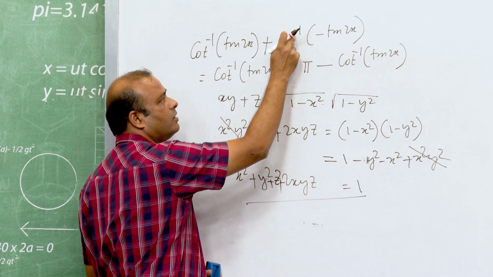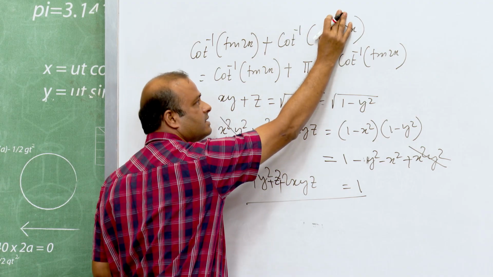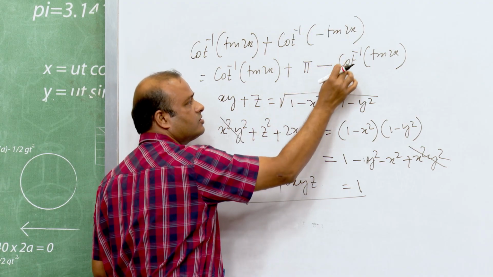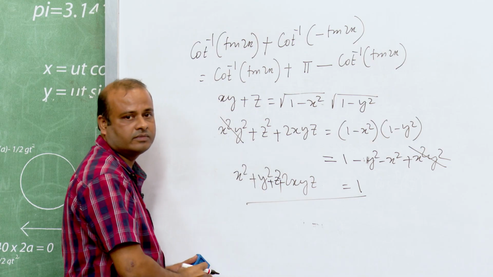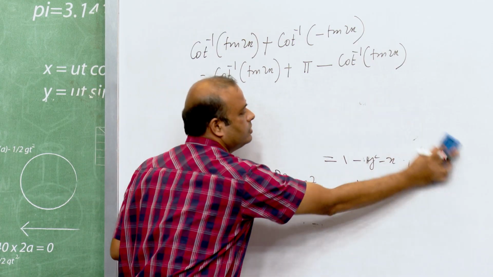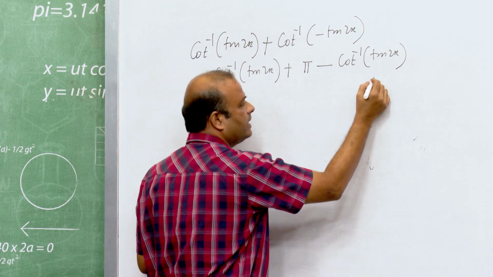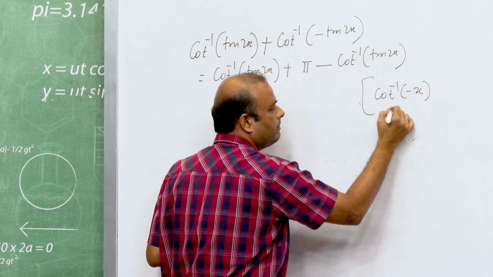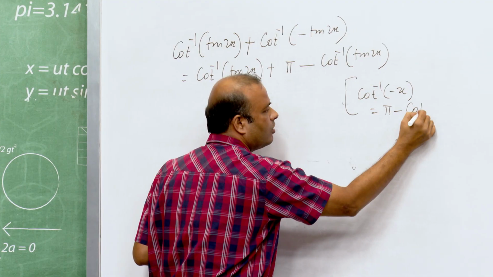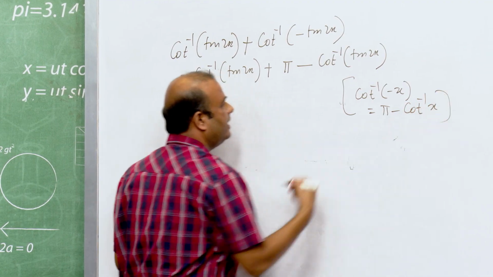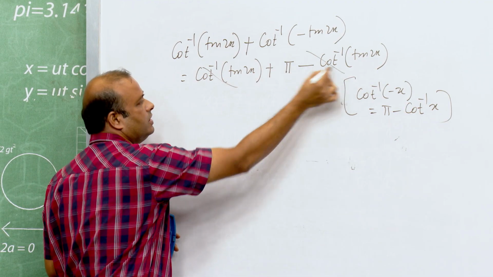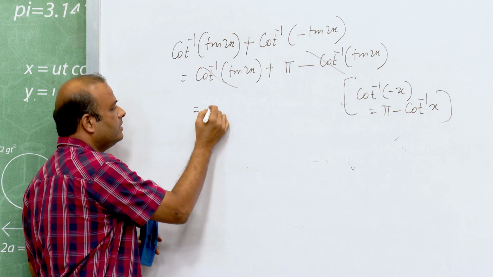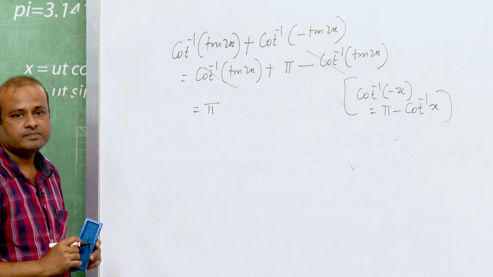Because cot inverse minus x is pi minus cot inverse x. Here use this formula, that is cot inverse minus x is pi minus cot inverse x, right? So now these two cancel out and you get the result as pi.